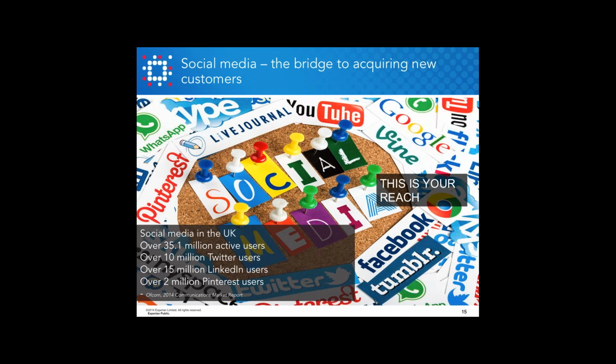Let's talk about why social media has to be considered as an acquisition channel and how best to use it to acquire new customers. In the UK, we have over 35.1 million active Facebook users, over 10 million on Twitter. On LinkedIn, there are 15 million. Pinterest, 2 million.